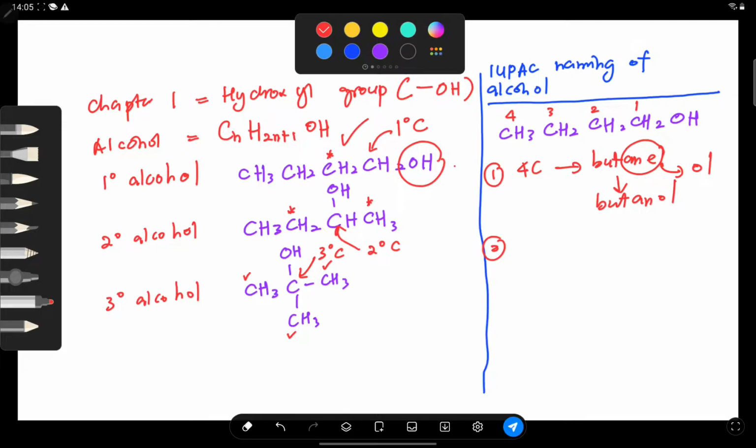So you count from right to left. So here is 1-butanol. It means that number 1 represents the location of the hydroxyl group. So the hydroxyl group is attached to carbon number 1. So that's why you put number 1 here: 1-butanol.